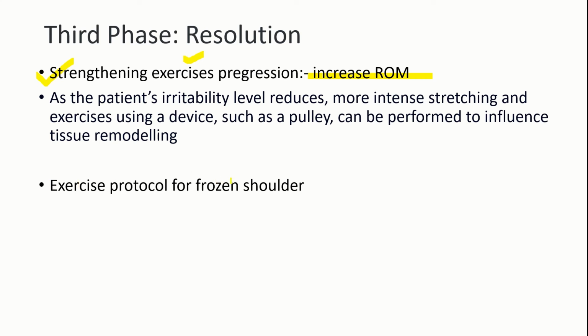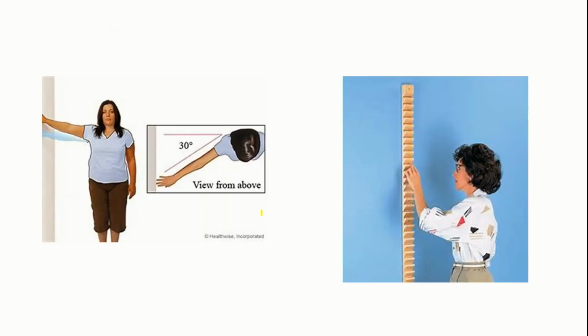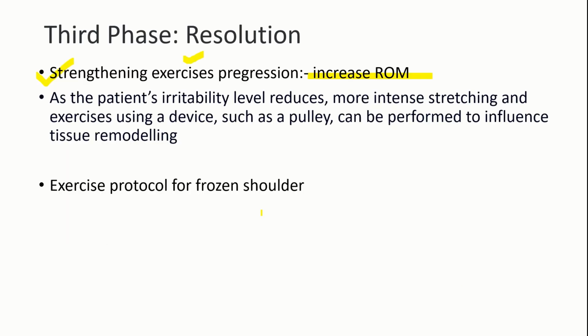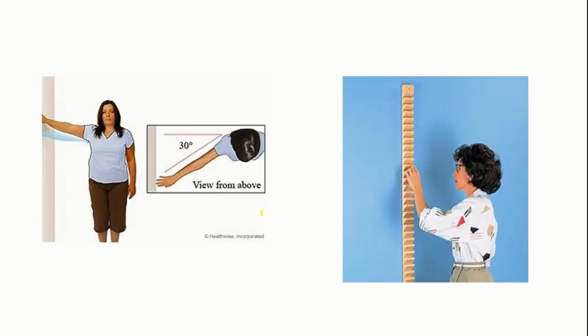Exercise protocol for frozen shoulder. Now we will be discussing the exercises which we can include in the management of a case of frozen shoulder. The first will be the wall climbers, or the ladder exercises.